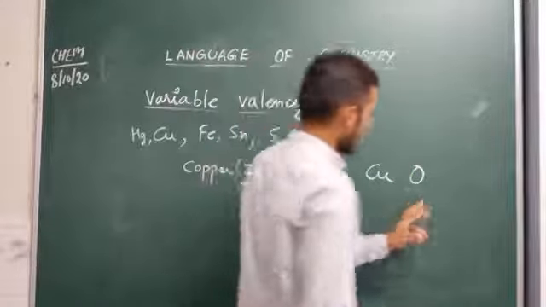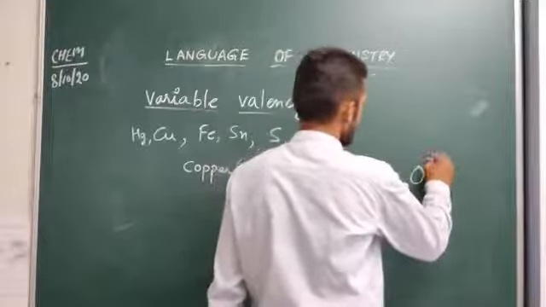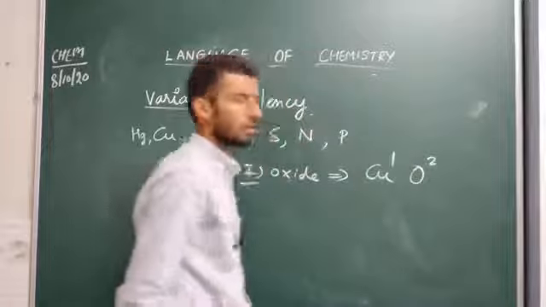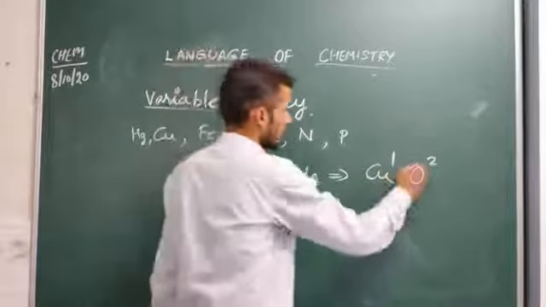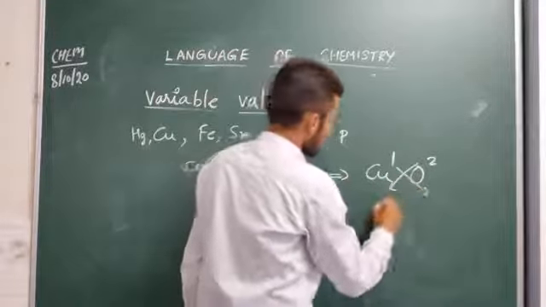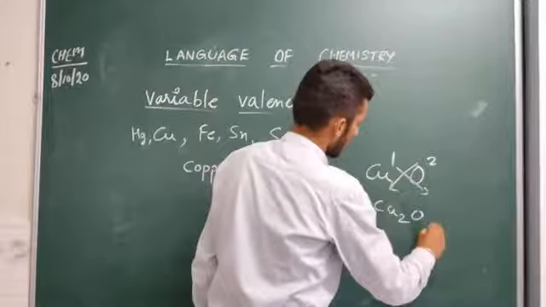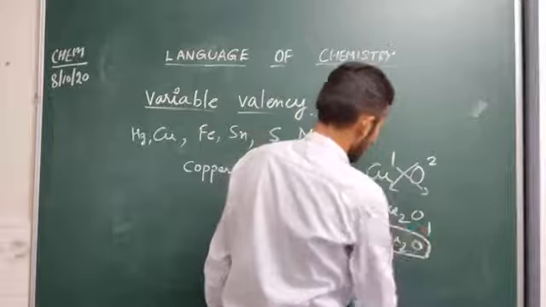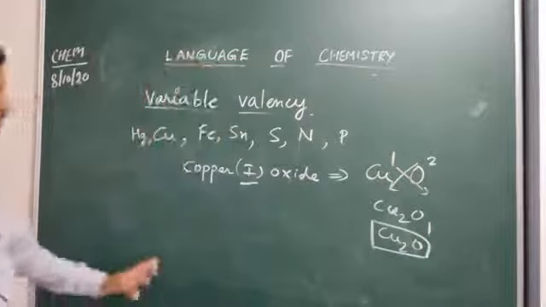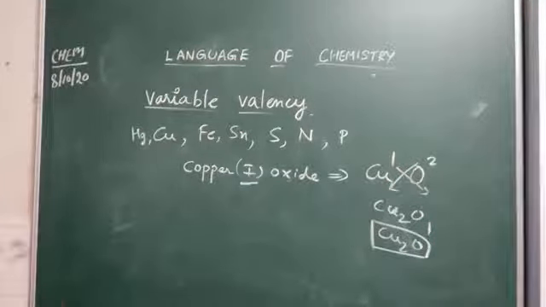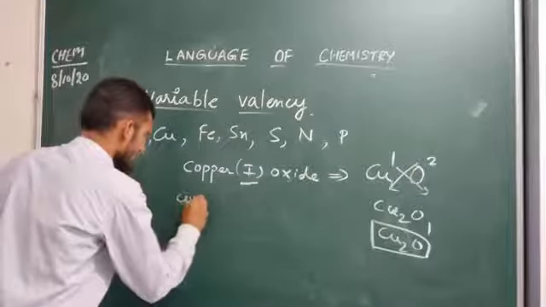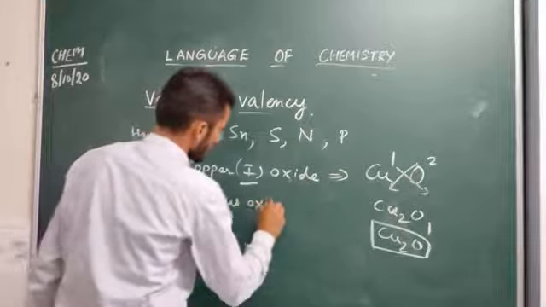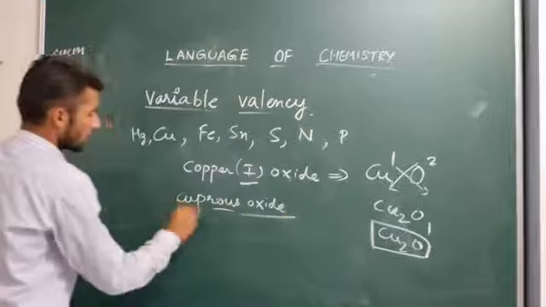Oxygen, we know, has a valency of 2. Copper 1 has valency 1. Then again the same, Cu2O1. So the formula of copper 1 oxide will be Cu2O, and this particular oxide of copper is also known as cuprous oxide. Sometimes it is written with the old name, cuprous.